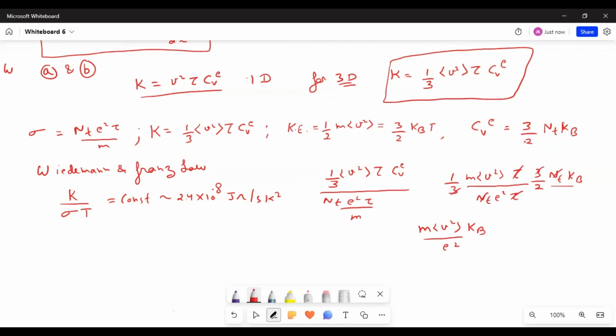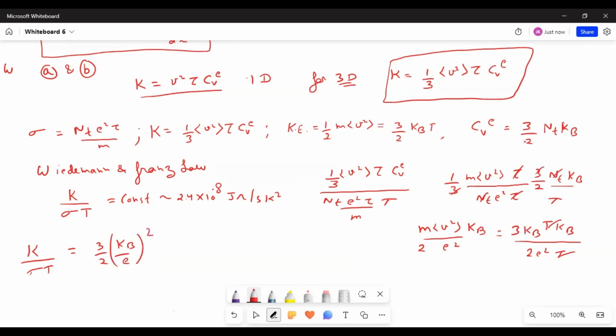We know the kinetic energy, and V square is 3 k_B T by m. So it will be 3 k_B, and of course there was T here, k_B multiplied by k_B. K by sigma T from Drude model comes out to be 3 by 2 (k_B by e) square, where e is the electron charge.